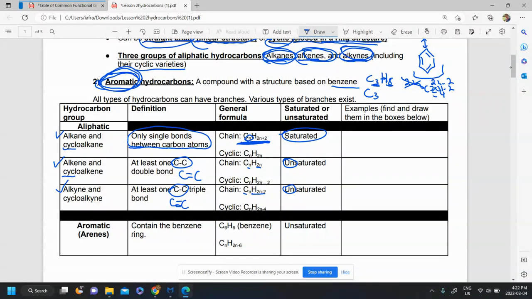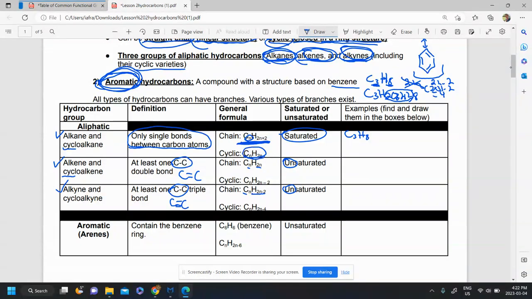So it looks like it's a 2n+2, 2 times 3 plus 2, so that here would be 8. So that's an example of an alkane.